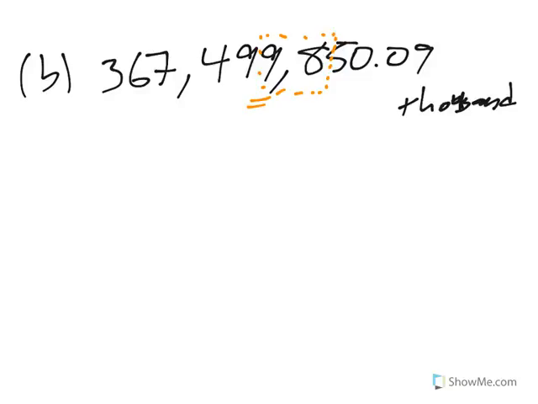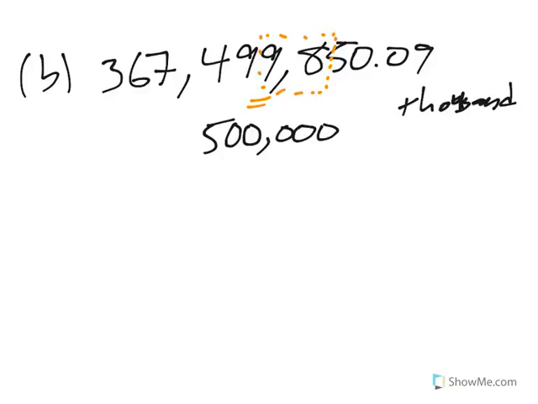So what I really have to start looking at is, sure, that's 9 in the thousands place, but it's really 499,000. When I say it again, 367,499,000. So if I have one more thousand than 499,000, that's 500,000.